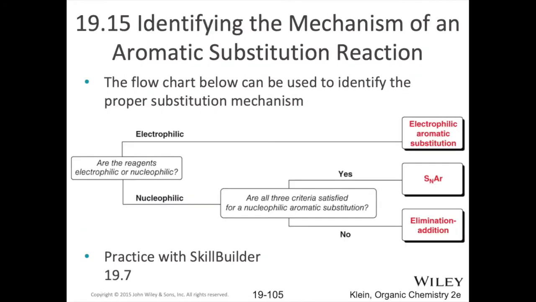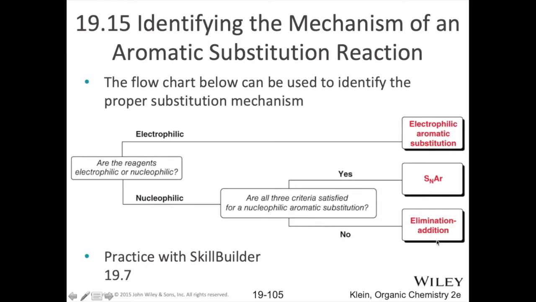So how do you figure out what's going on with these three options? We have our electrophilic aromatic substitution, we have nucleophilic aromatic substitution, and then, as we just saw, we have an elimination addition reaction. And oftentimes we have very similar reagents, especially in the case of our nucleophilic aromatic substitution and elimination addition.